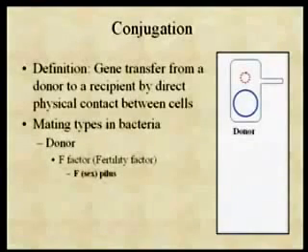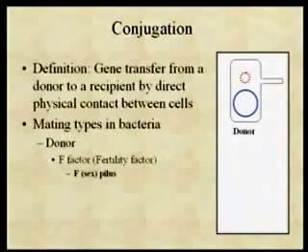The F factor was the first of these factors to be described. There are actually many plasmids that mediate the same process, but we're going to use the F factor as our example of how conjugation works. But keep in mind, there are other plasmids that do the same or similar things.